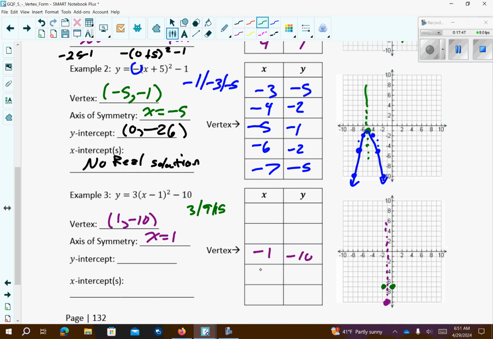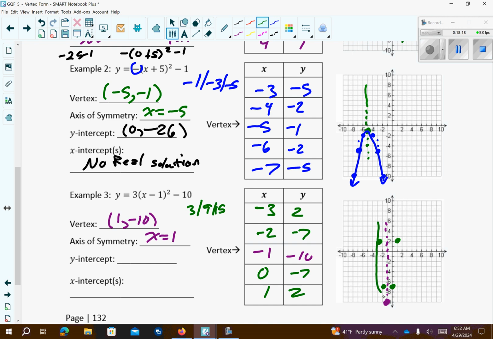So here I'm going to get to 0, -7. Here I'll get to -2, -7. And then I'm going to go up 9, right one, 1, 2, 3, 4, 5, 6, 7, 8, 9. Left one up 9. All right, so I also know that I get 1, comma 2 and -3, comma 2.